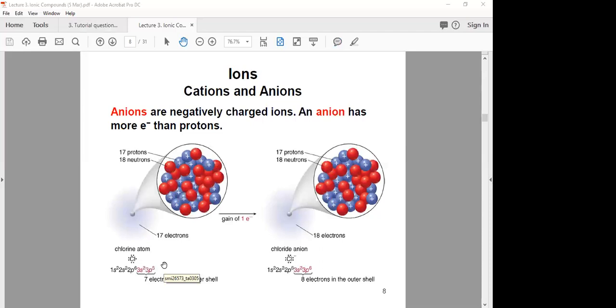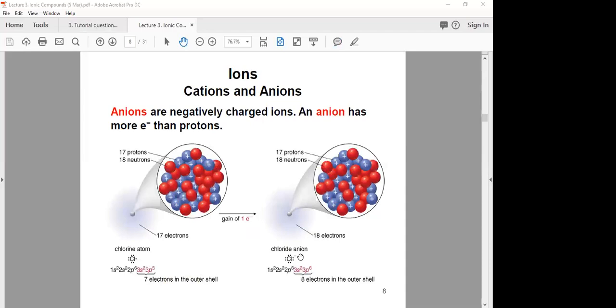It's only one short. So chlorine, rather than giving off the 7 electrons, it tends to scavenge 1 electron to fill that P subshell. Very readily gains 1 electron, so that it ends up with 17 protons still, but now it has 1 additional electron, 18 electrons. And this is how the chloride anion is formed.